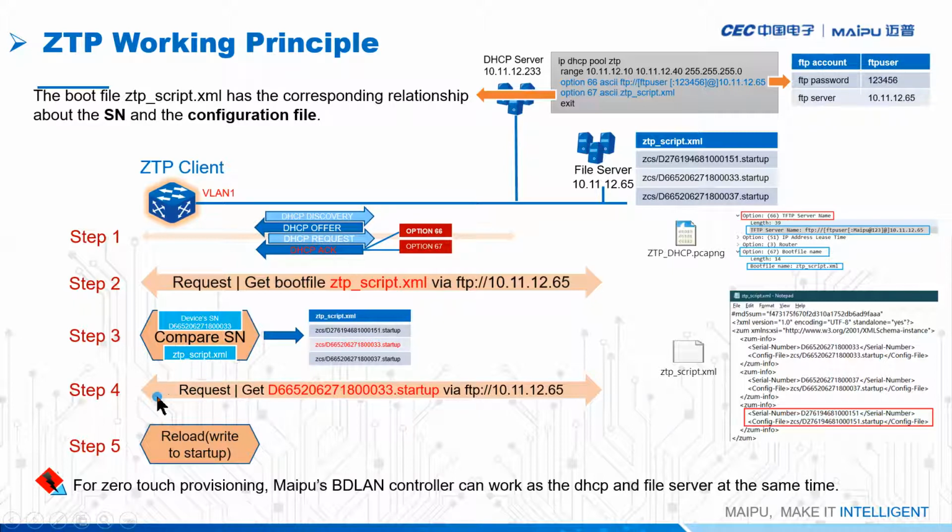After that, the ZTP client will request and get the corresponding startup file from the file server. Then the ZTP client will write the startup to the flash and reload. And here we need to know that for zero-touch provision, the Maps BDLAN controller can act as the DHCP and the file server at the same time.